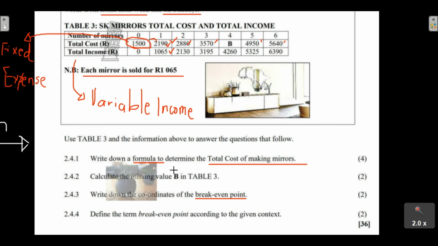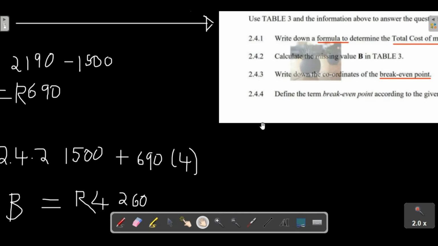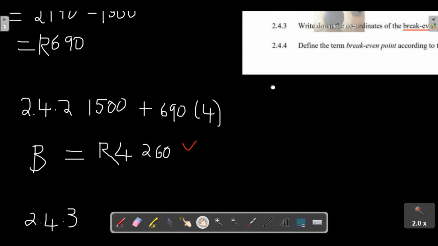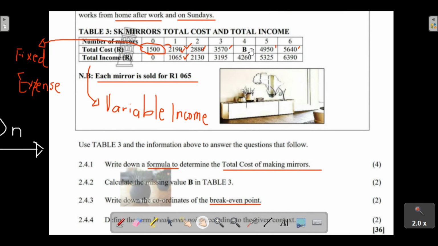So for four, when he sells or makes four mirrors, these are the coordinates of the break even point. As you can see, when he sells four mirrors, he actually reaches the break even point. That's when he will sell four mirrors.